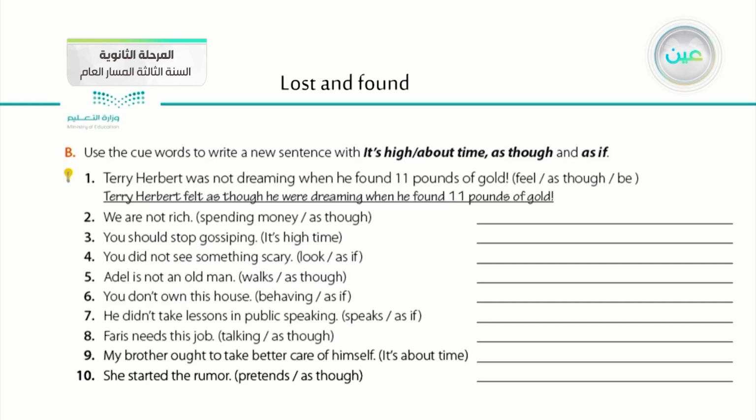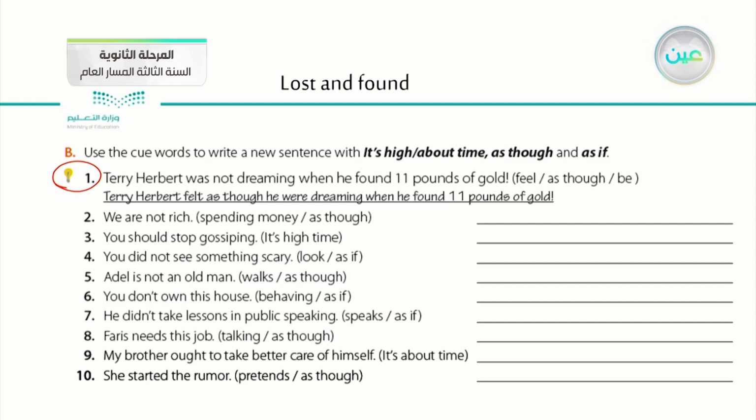Let's take number one as an example. Terry Herbert wasn't dreaming when he found 11 pounds of gold. Feel as though be. So we have to use these three words to remake the sentence.